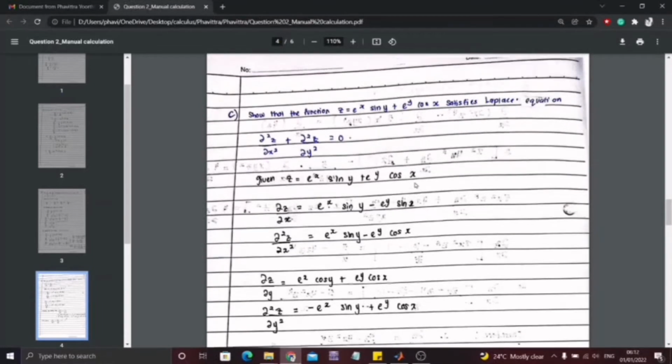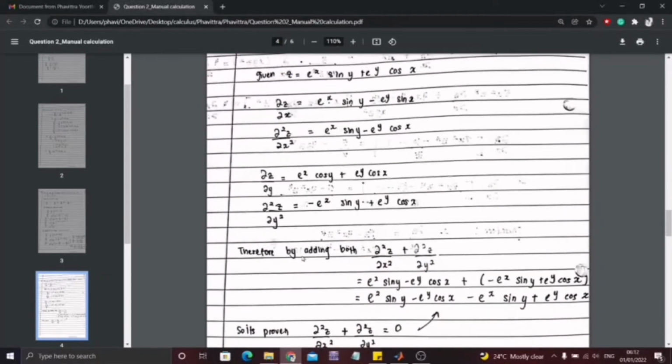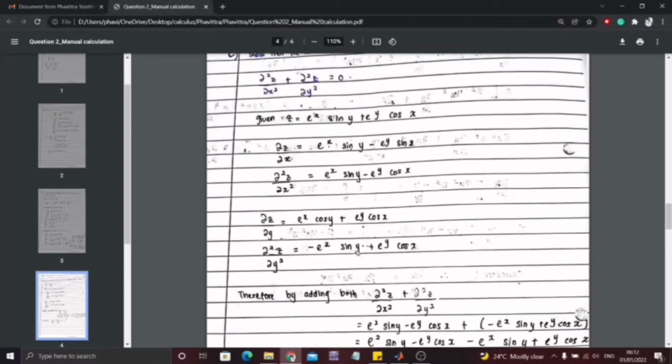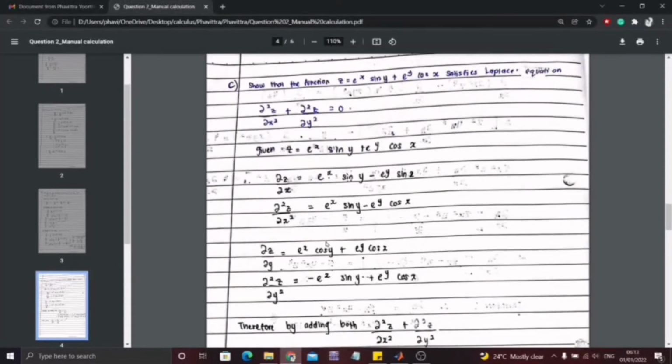By doing the manual calculation, when we add both d square z over dx square plus d square z over dy square, the final answer is 0, where it is proven in the question.